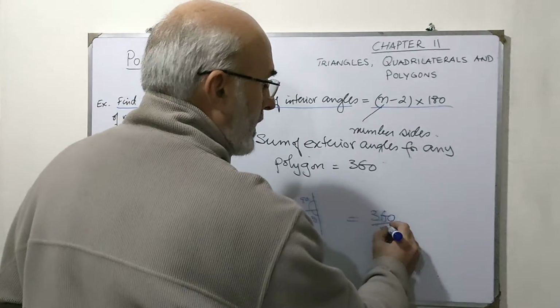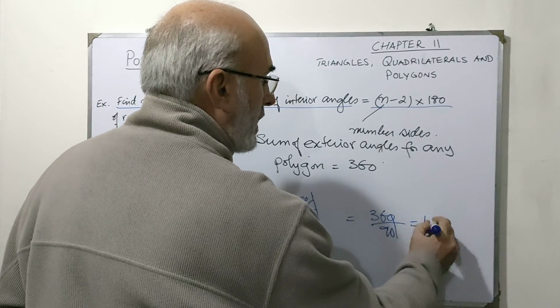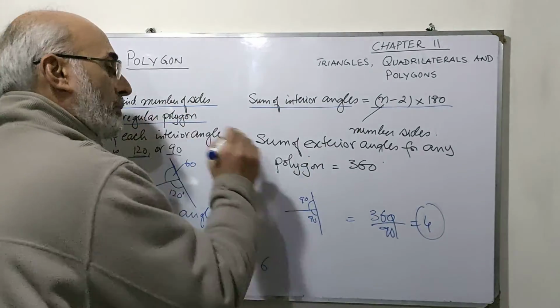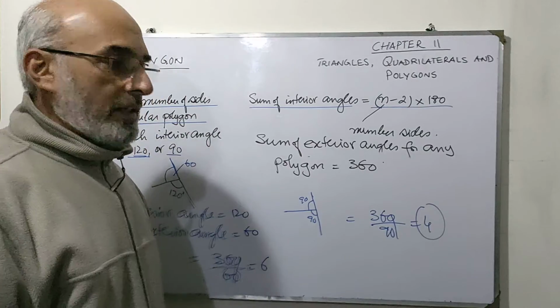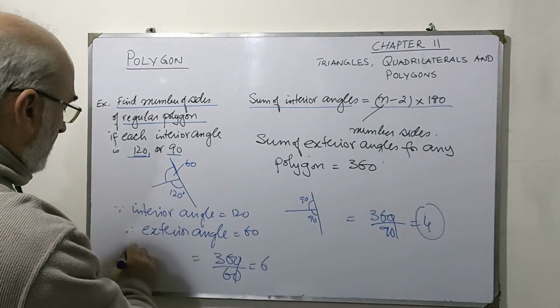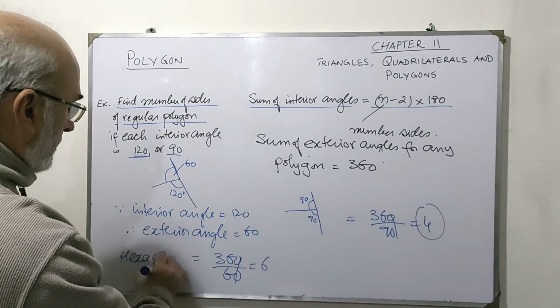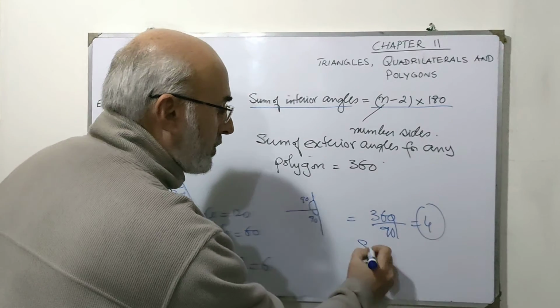So dividing by 90, we have 4. Because it's a regular polygon, it's a square. So it was a hexagon and it's a square.